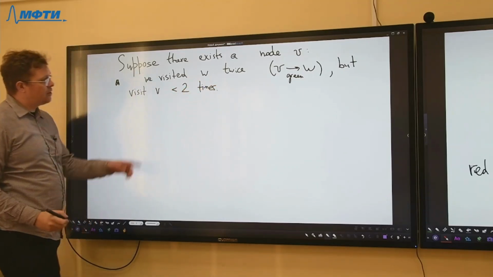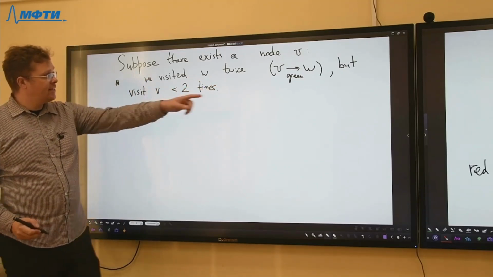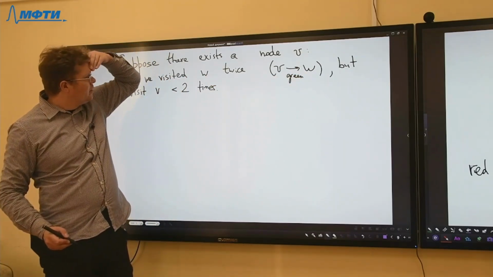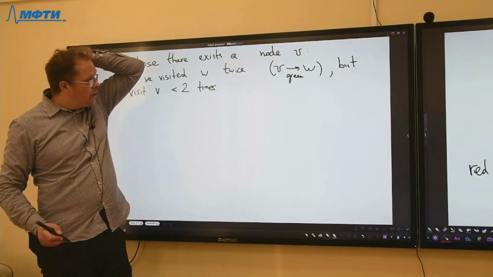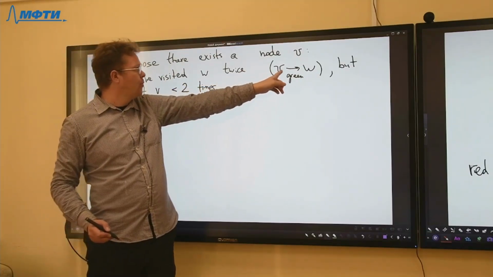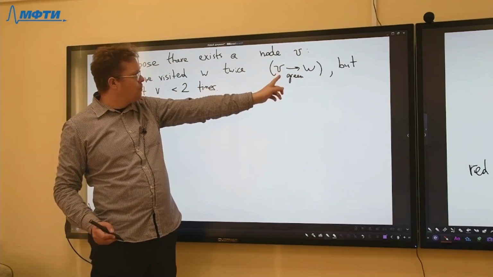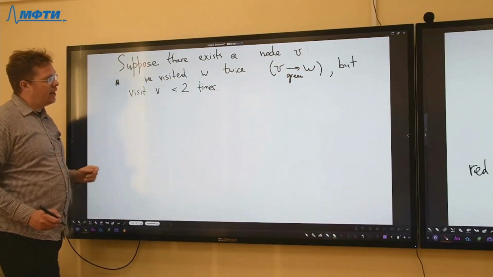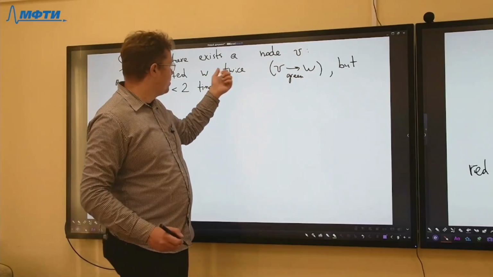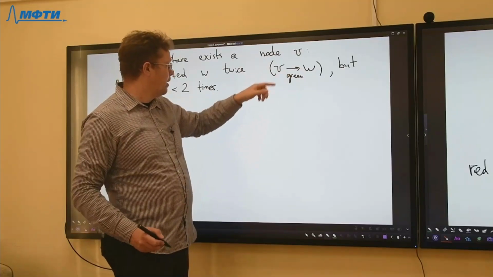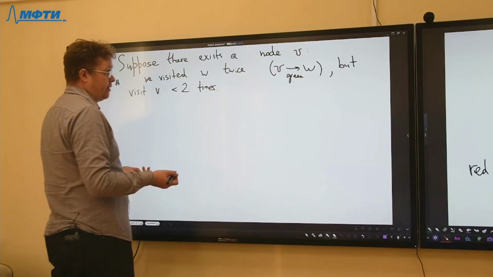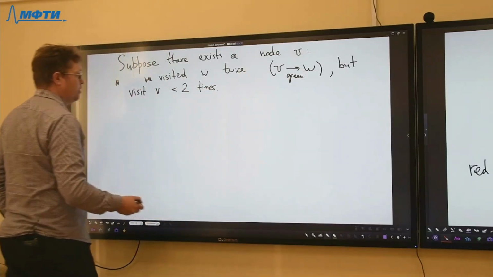But if we visit W twice and this arrow is green, that means that we go out. So we already visited V because we used this green arrow, and because we visited W twice. So we visited V. And if we use the green arrow, then we already used the red arrow.